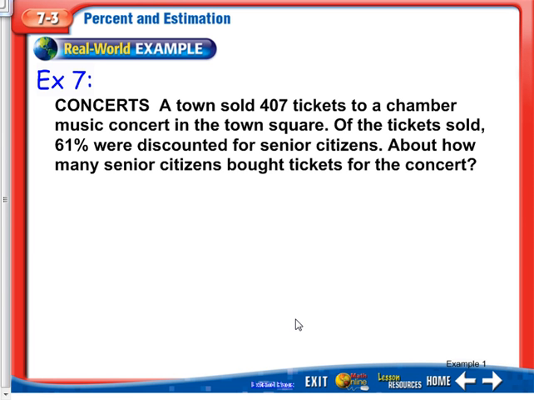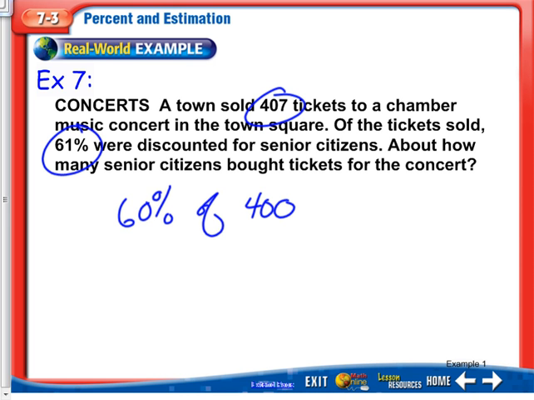Concerts. A town sold 407 tickets to a chamber music concert in the town square. Of the tickets sold, 61% were discounted for senior citizens. About how many senior citizens bought tickets for the concert? Alright, so we're going to say that 61%, we're going to round that to 60% of, and we're going to change 407 to just 400.